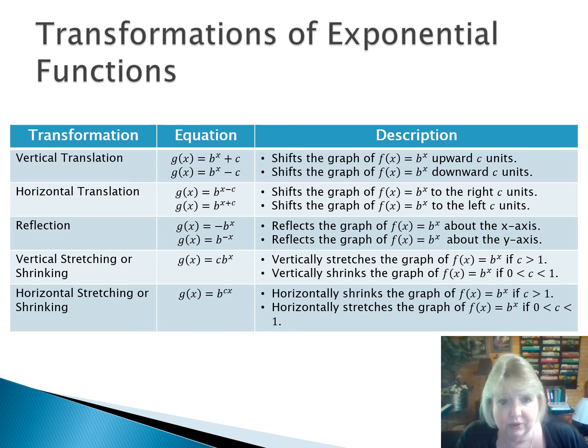As for vertical stretching and shrinking, vertically, upward and downward, that is a constant multiplied by the function. If you multiply by a number greater than 1, you're going to stretch it. If you multiply by a number between 0 and 1, you're going to shrink it.